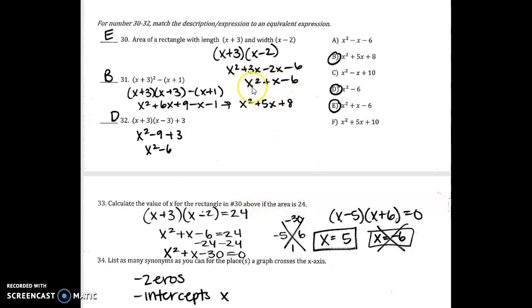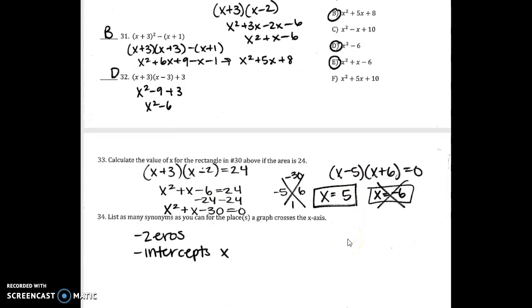So take your work that you did on 30 above, which is x squared plus x minus 6 equals 24. So basically you FOILed out that beginning, but we don't want the 24 on the right. Subtract it over, and then you have the minus 30. Factor it and solve it.